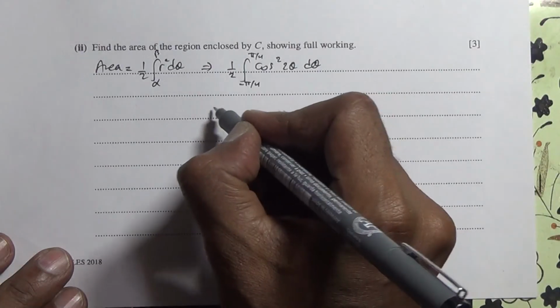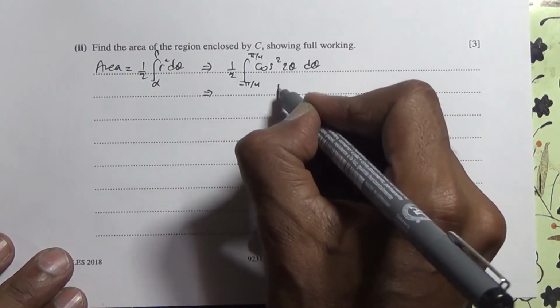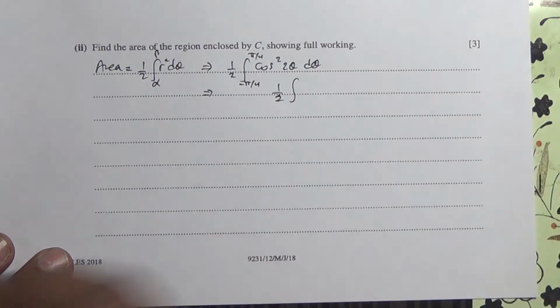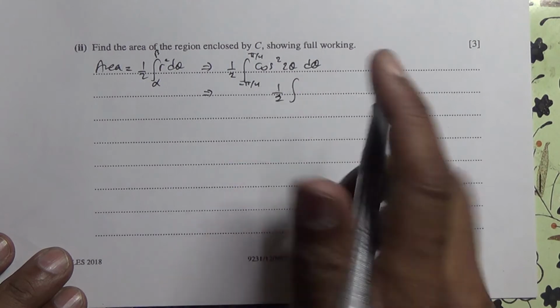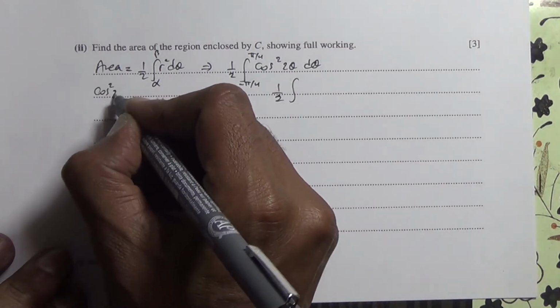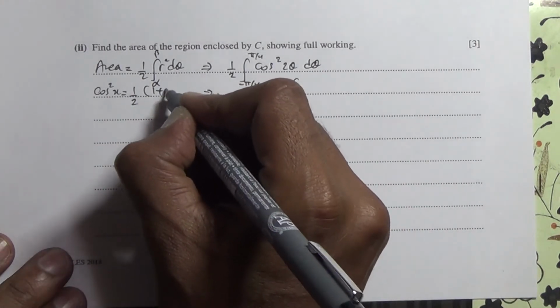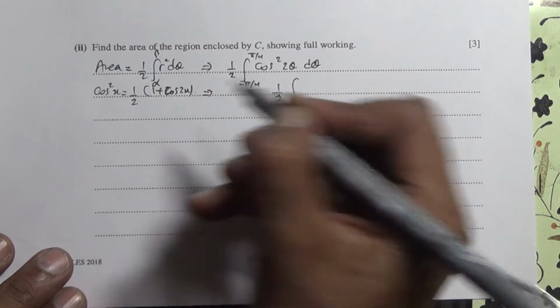And so if we go further, we're going to end up with half, and in brackets, using the double angle formula, cos squared 2 theta. Now we know that cos squared x from the double angle formula is half into 1 plus cos of 2x.